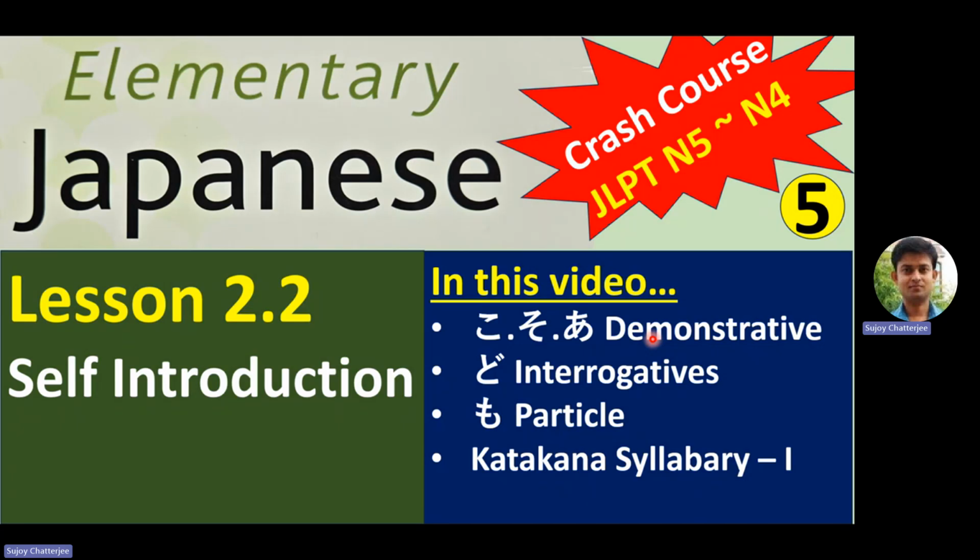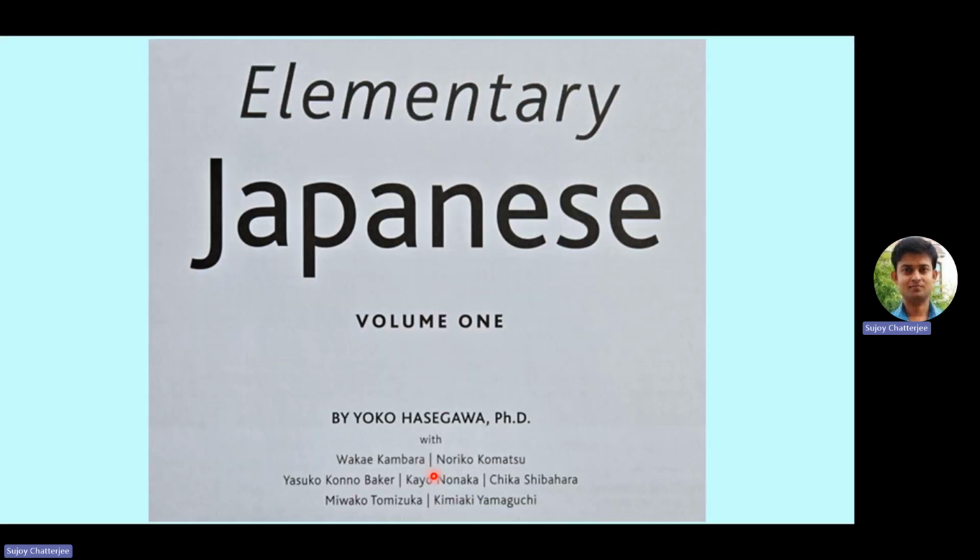Lesson 2 in Hasegawa's book is self-introduction, and there are various topics present in this lesson. So in this particular video, we will be learning these topics, which are ko-so-a demonstratives, do interrogatives, mo particle, and the Katakana Syllabary. So let's see what we have in today's lesson.